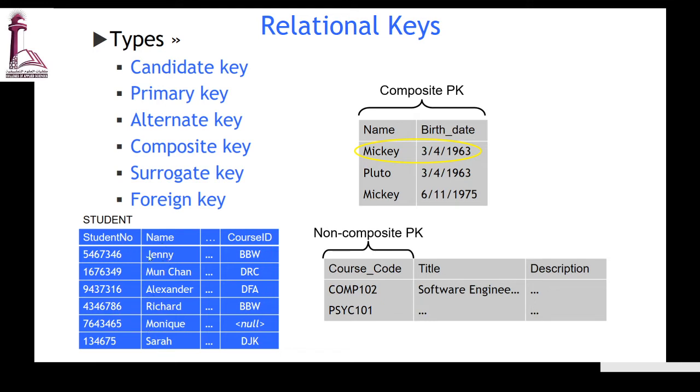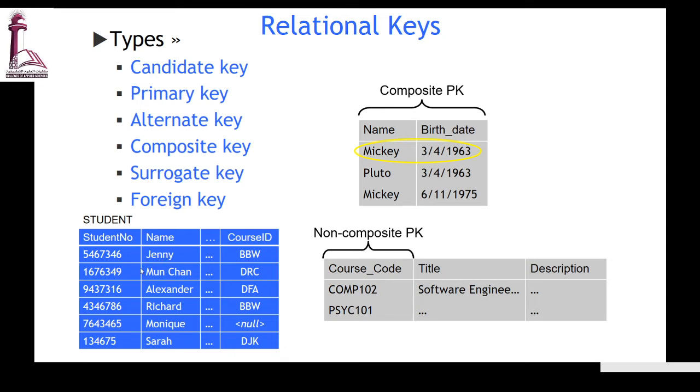Among these two keys, assume that we selected student number as the primary key. And the name is a candidate key which is not selected as a primary key, so this is called an alternate key.